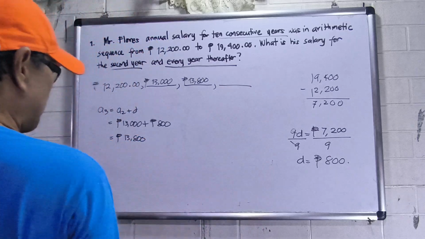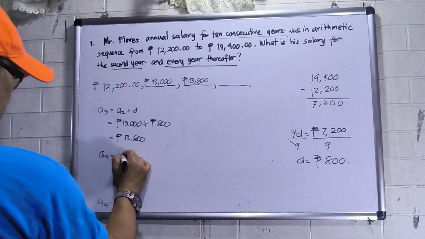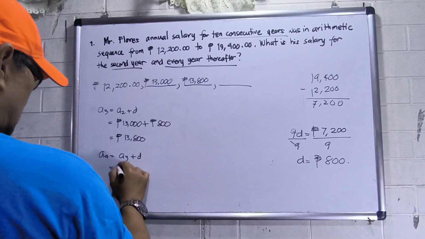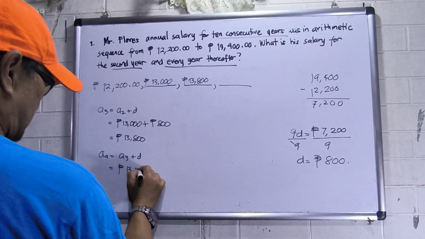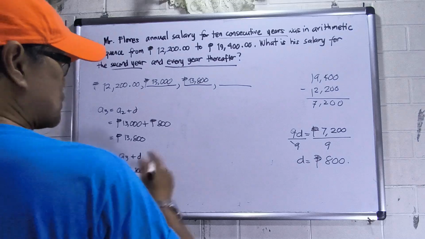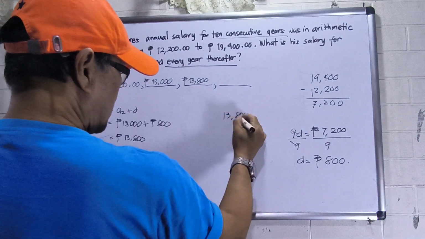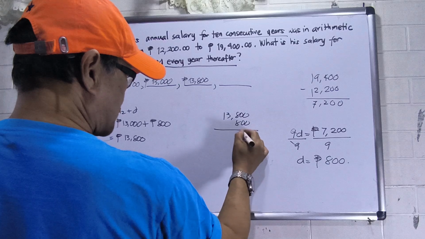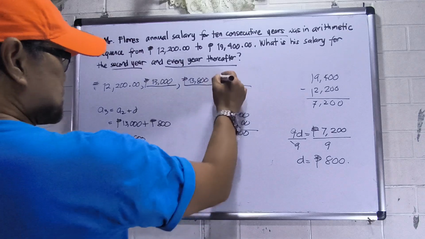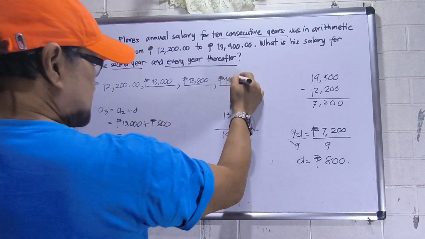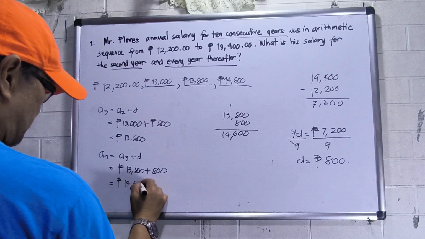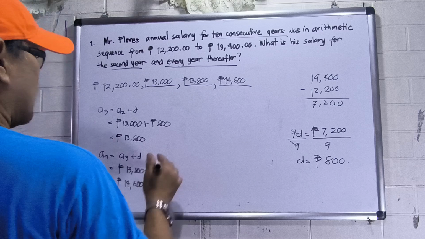Next, A4. A4 equals A3 plus D. A3 is 13,800 plus 800, so 14,600. Next, A5.